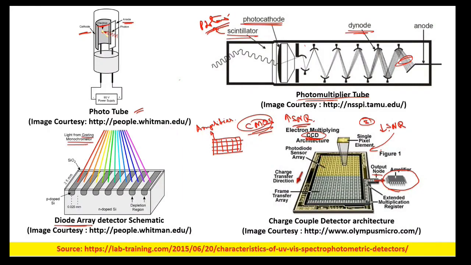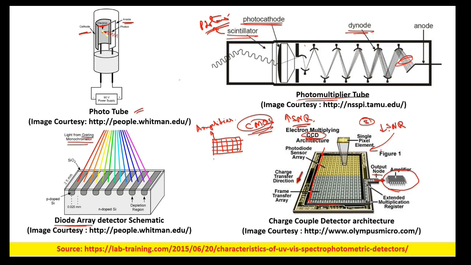So all of these columns will first be discharged, and the signal will be sent to the amplifier and amplified. Then the next row, these signals will be sent into the amplifier, and in this way.